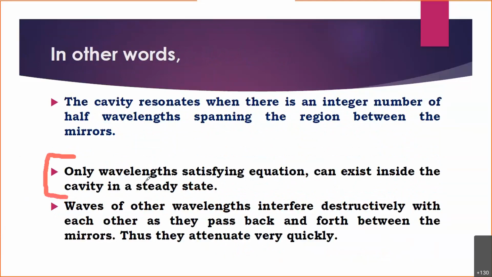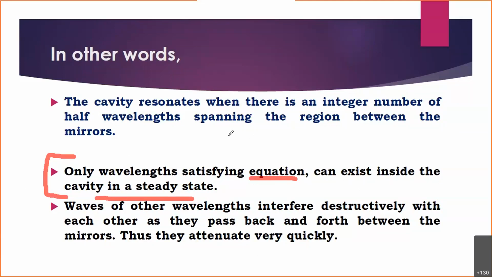Only the wavelengths satisfying the 2d equal to n lambda equation can exist inside the cavity in a steady state. If a wavelength is not satisfying that criteria, you need to discard that photon.